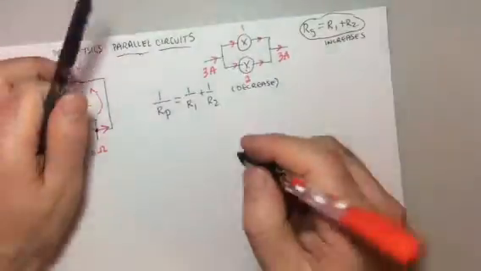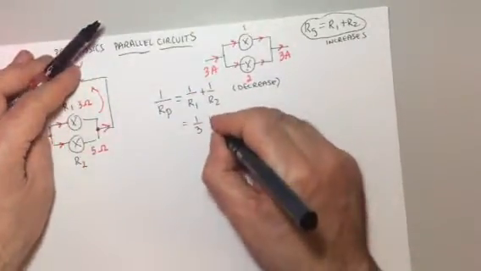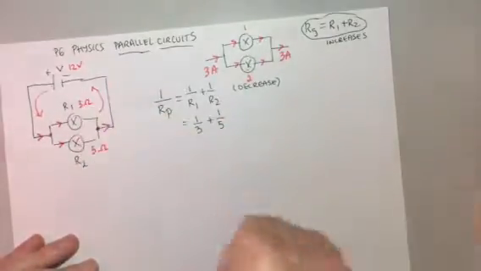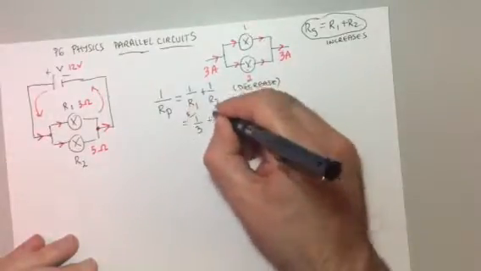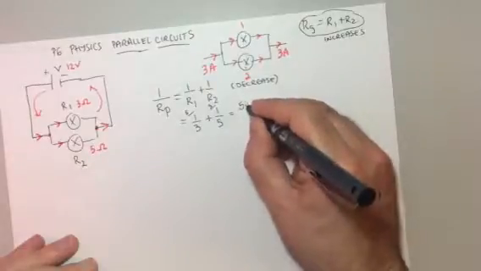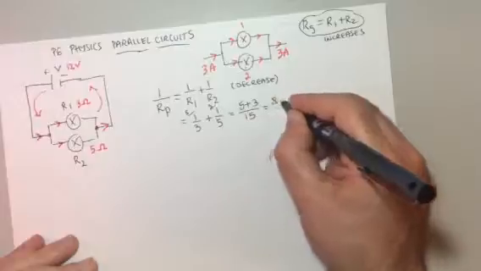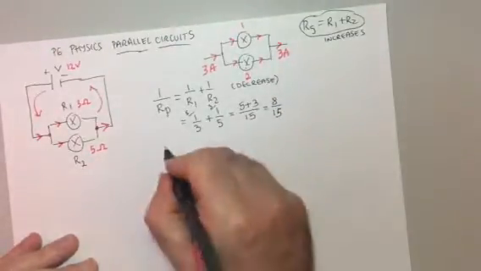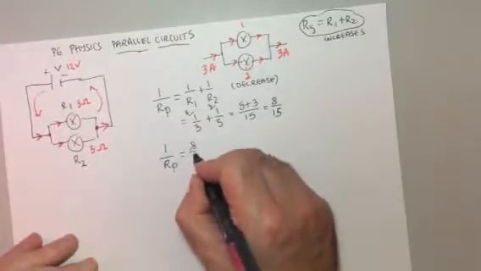Now let's calculate this. This will be 1 over 3 plus 1 over 5, 3 for the first one, 5 for the second one. I'm going to get 5 plus 3 over 15, which is equal to 8 over 15. So I will have 1 over RP equals 8 over 15.